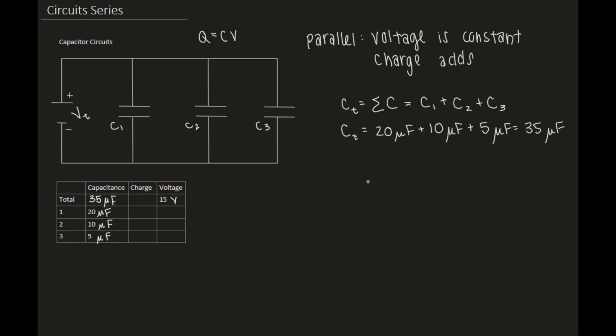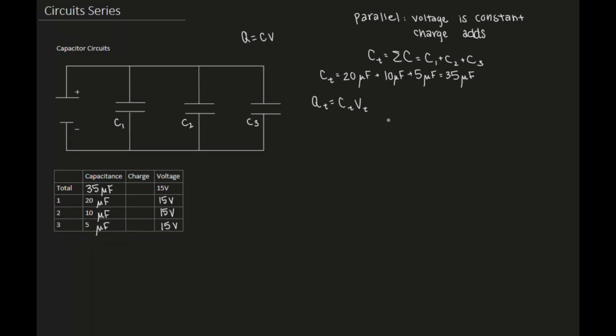The other thing we can note is that because this is all in parallel, the voltage is constant. So each of these is 15 volts. And then using our charge equation, Q equals CV, we can calculate the independent charges. We can calculate the total charge, QT, to be the total capacitance times the total voltage: 35 times 10 to the -6 farad multiplied by 15 volts.